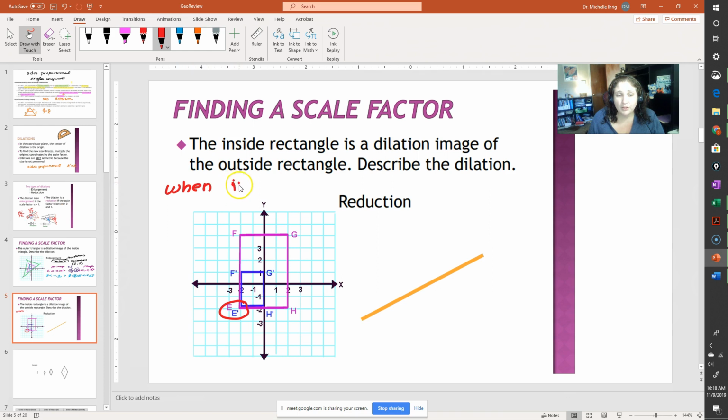When the image and pre-image are the same point, then that's the center of dilation.